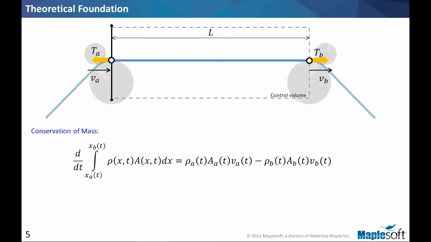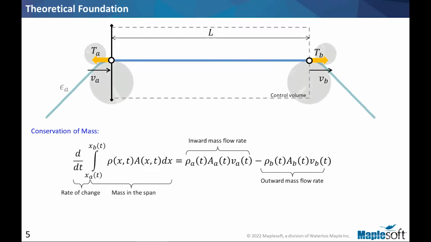With those values that we know, the main law that we are going to be using, and it's used everywhere, is the conservation of mass, which is nothing but saying that if we subtract the mass going out from the mass coming in, whatever is left is the rate of change of the mass inside the span.